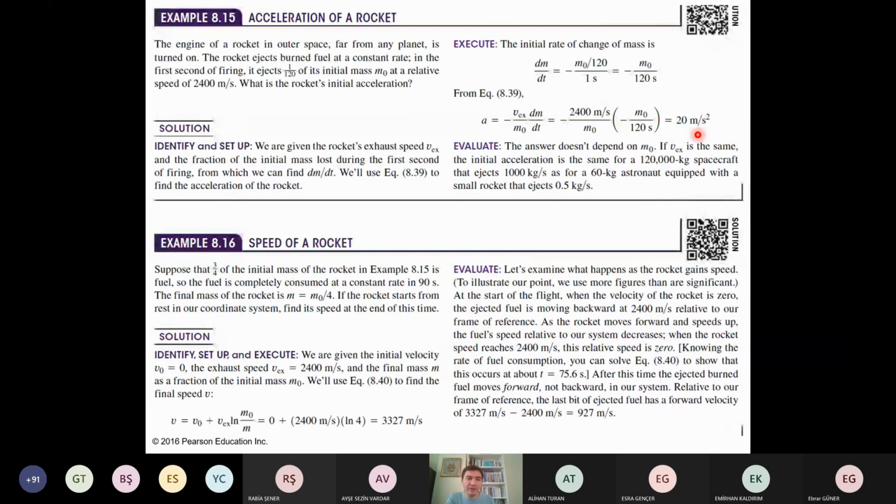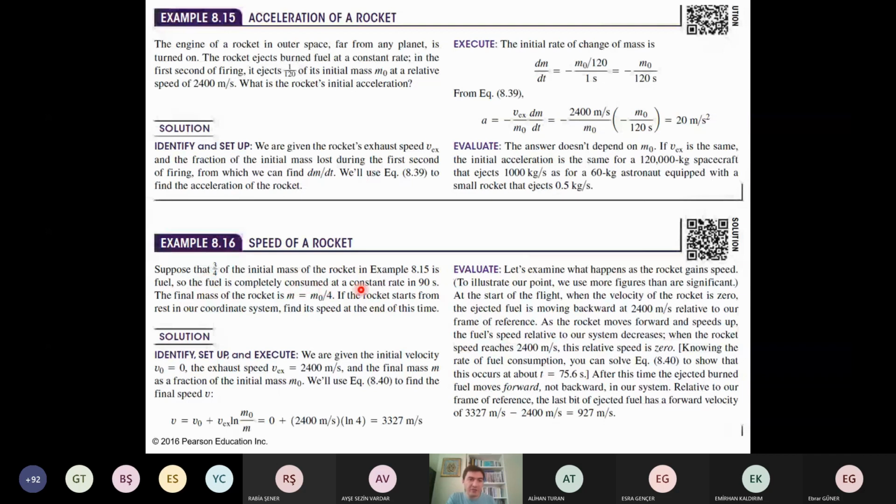And now let's have a look at the speed of a rocket. Suppose that 3/4 of the initial mass of the rocket in this example is fuel. So 75% of the total mass of the rocket is fuel, and the fuel is completely consumed at a constant rate in 90 seconds.